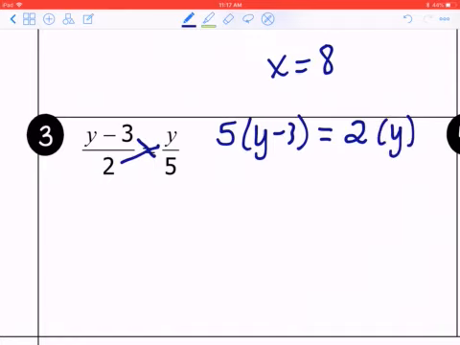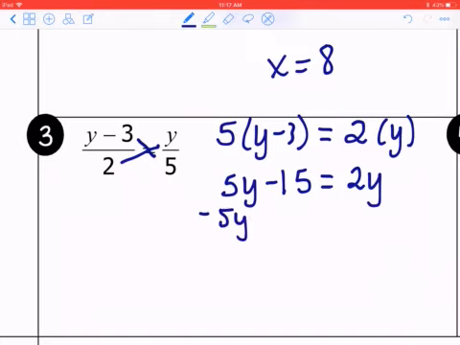Okay, distribute the 5 to get 5y minus 15, and then we know 2 times y is just 2y. In the past, I recommended always bringing over the smaller of the 2 variables on each side, but if I subtract 2y, it's going to cancel, and I'm going to have nothing on the other side, and that's not what I want to have happen. So in this case, I have to subtract the 5y.